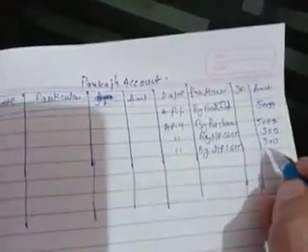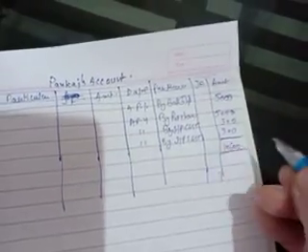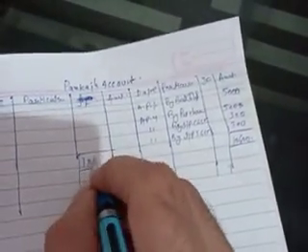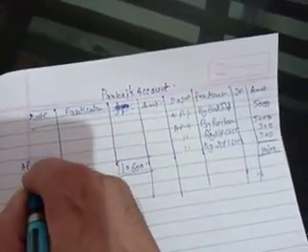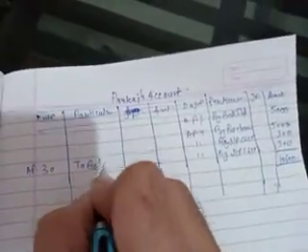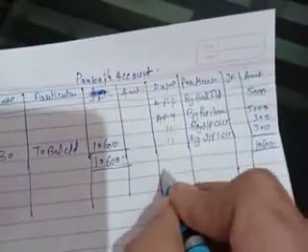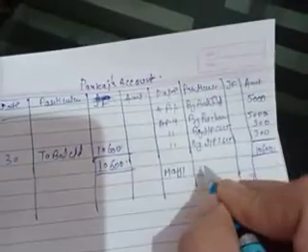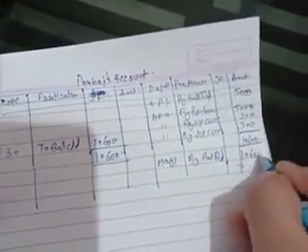No other transaction involving Pankaj. Now balance Pankaj's account. Total it: 10,600. April 30th, to balance carried down 10,600, and May 1 by balance brought down 10,600. Clear about Pankaj?